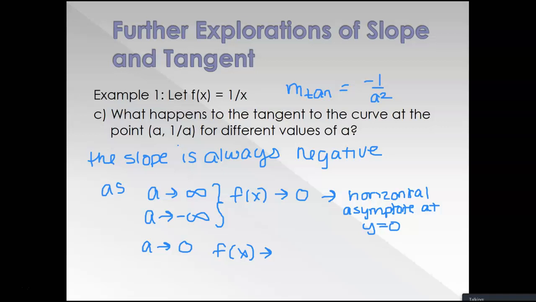Since this function is always negative, as a goes to 0, it'll always be going to negative infinity. So that implies a vertical asymptote.